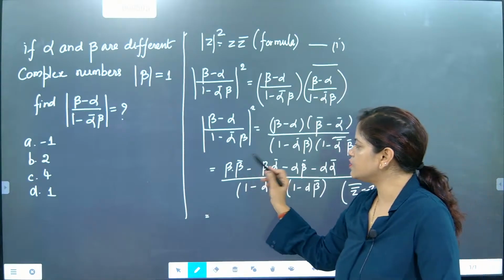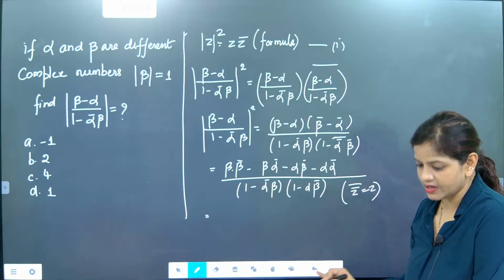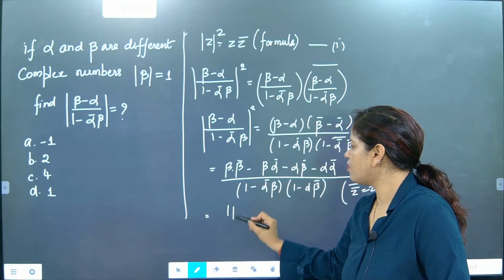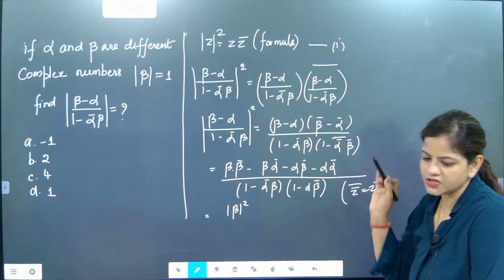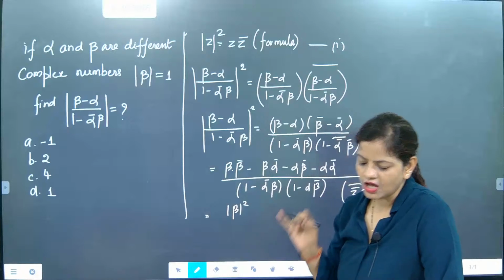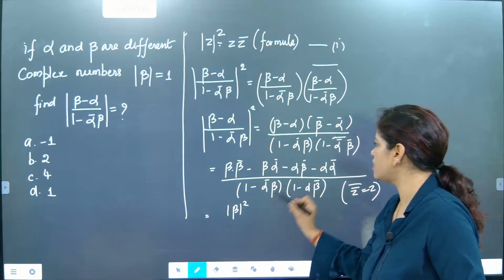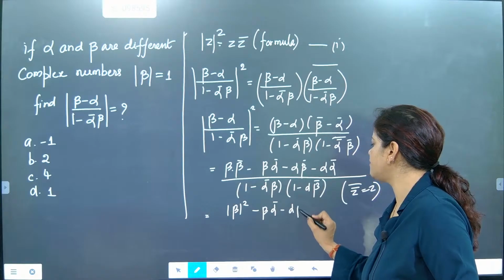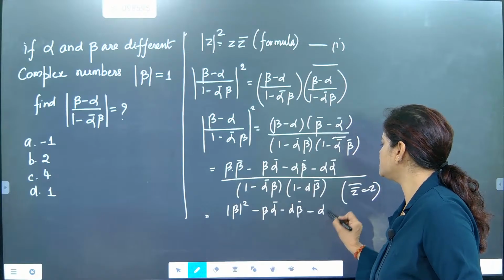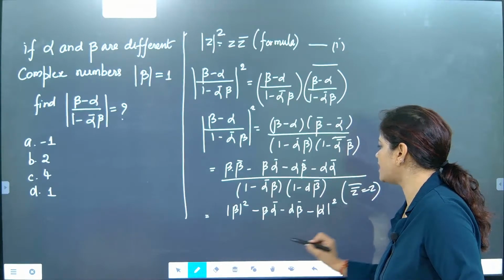That means beta into conjugate of beta. Once it is written, we can write here modulus of beta whole square directly using application 1, means the formula we have exactly got. Based on that formula we have to solve. Now minus beta alpha bar minus alpha beta bar minus modulus of this whole square came.